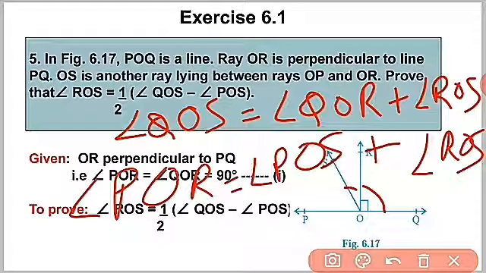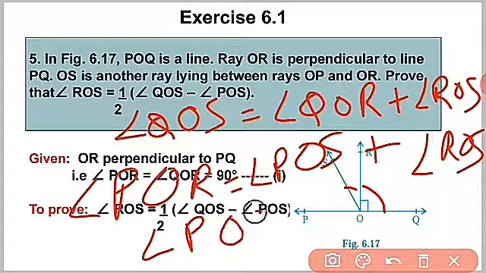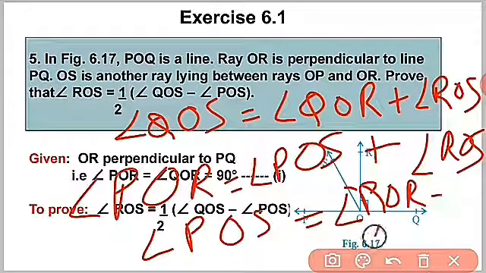So we want angle POS. From this equation we can get angle POS. So angle POS is equal to angle POR minus angle ROS.